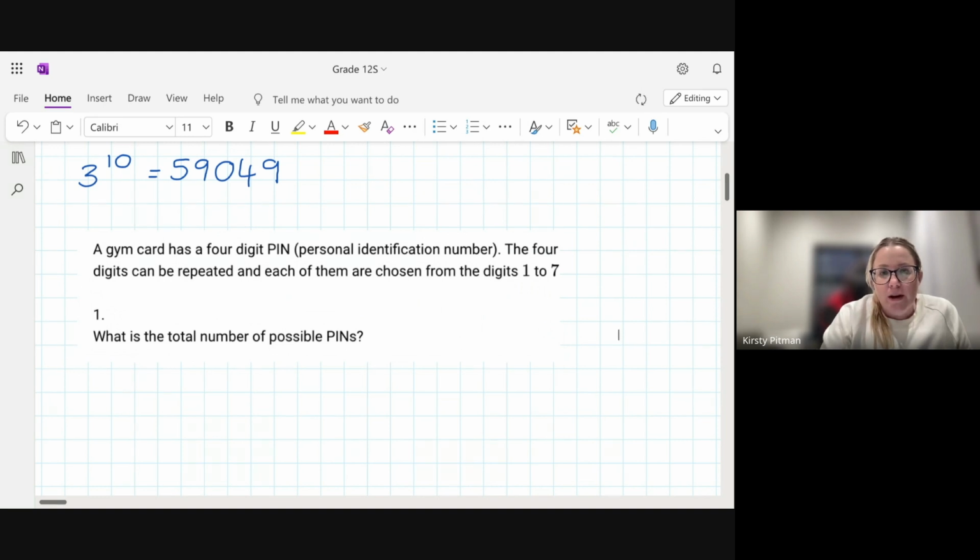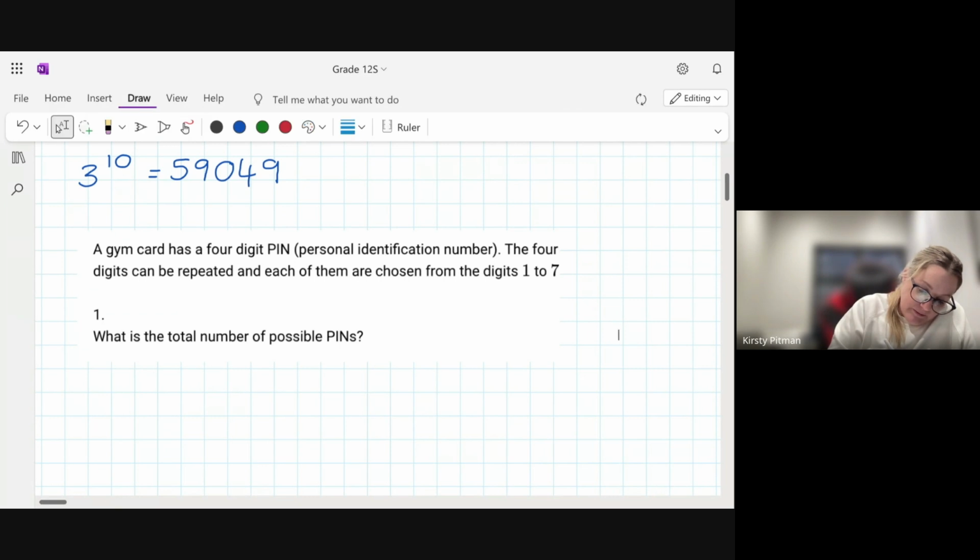What are the possible options? I've got 4 digits, guys, again: 1, 2, 3, 4. I've got the numbers 1 to 7 to choose from.